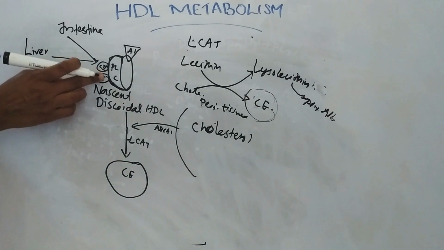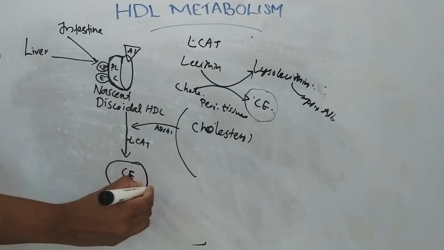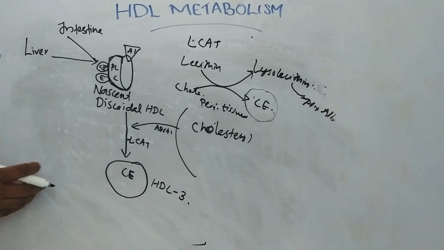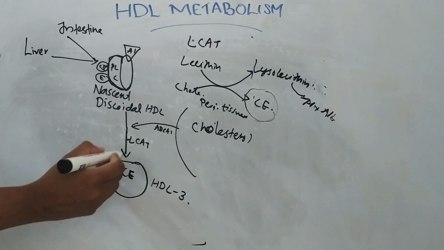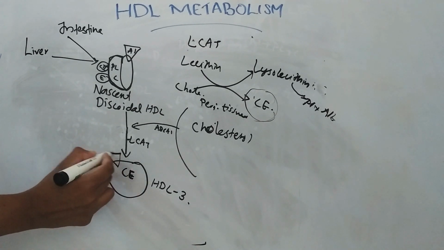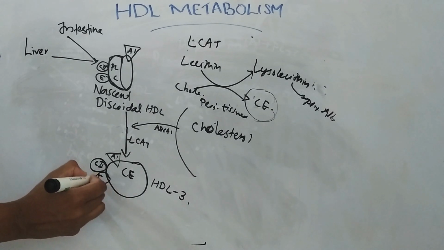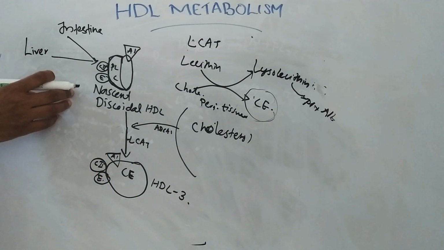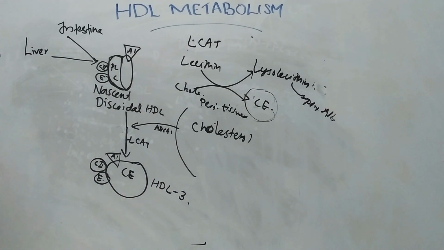By this, discoidal HDL is converted to spherical HDL, and it is known as HDL3. So it will contain cholesterol esters, ApoA1, C2 and ApoE. So nascent discoidal HDL is converted to spherical HDL, that is HDL3.